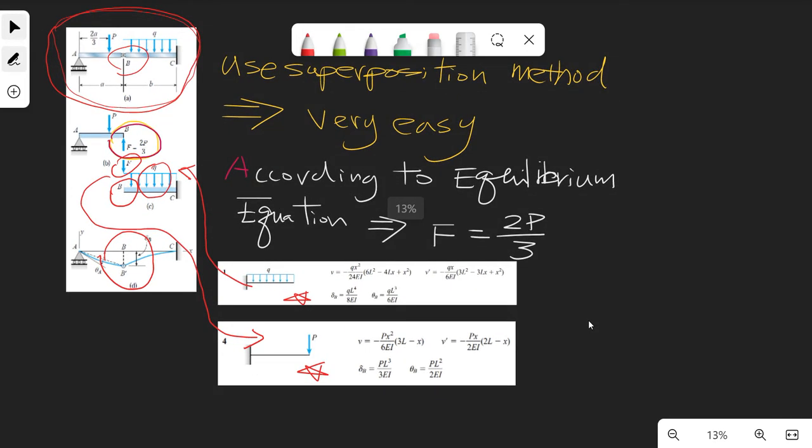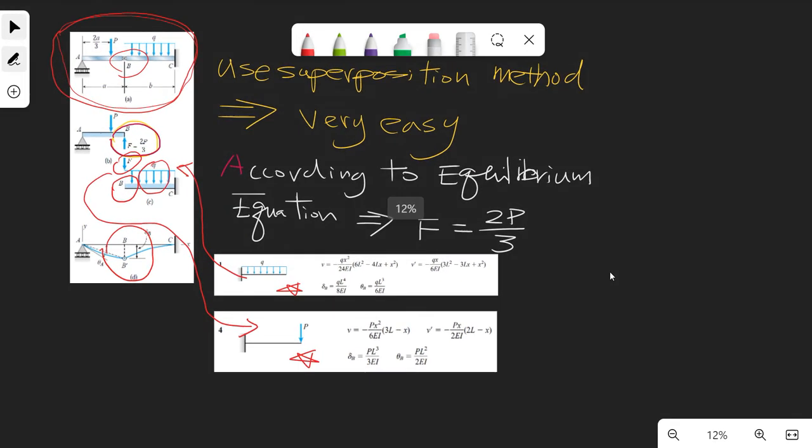It's really very easy. From the table, we will calculate the deflection of the cantilever beam.